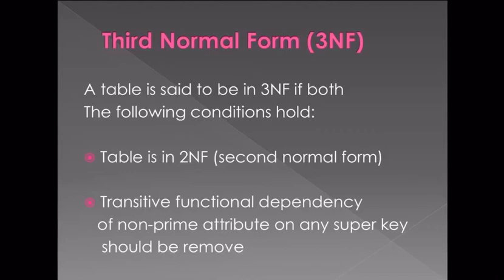Table must be in second normal form. 2. Transitive functional dependency of non-prime attribute on any superkey should be removed. That means an attribute that is not part of any candidate key is known as a non-prime attribute.